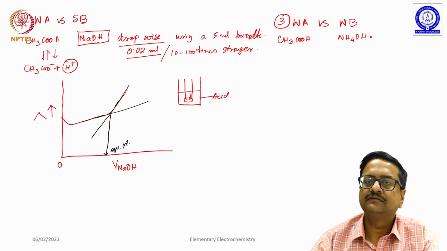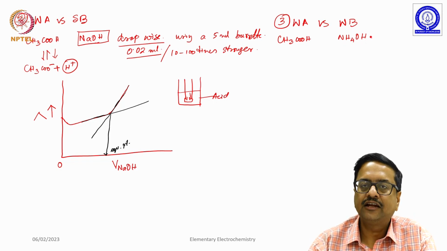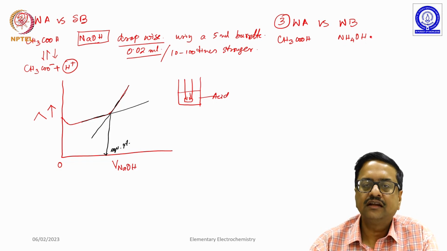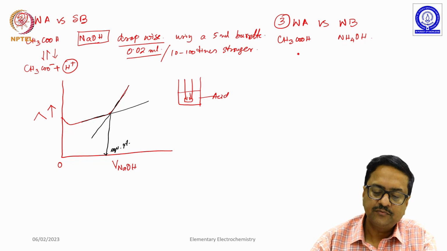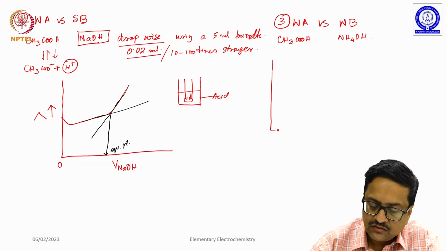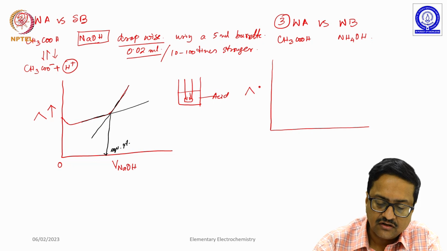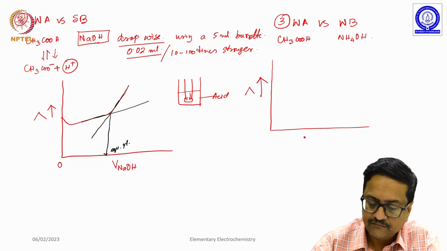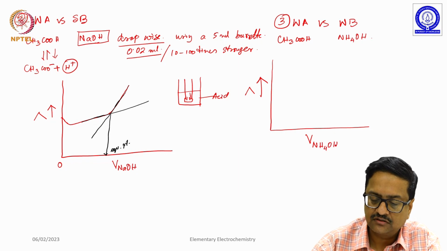You know that it is very difficult to do this kind of titration using an indicator, because no indicator is suitable for this weak acid versus weak base estimation. So it is best done using the conductivity measurement. So now I want you to think about what should be the nature of this conductance versus volume of NH4OH plot.